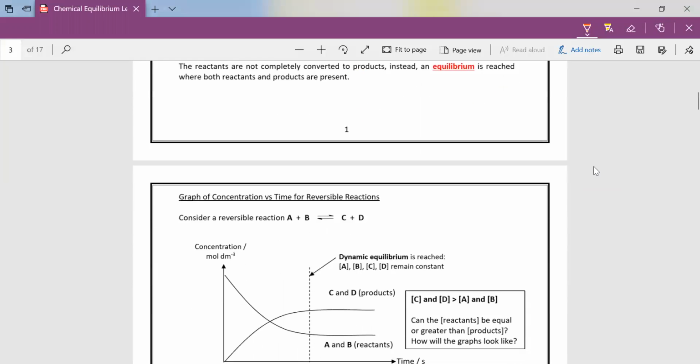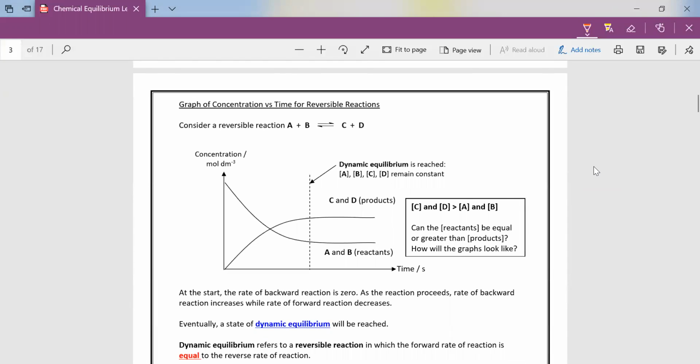Let's look at a graph of concentration versus time, like what we did earlier. You notice that after a while of reaction, your reactant does not go to 0. They reach a plateau where they will have the same concentration for the rest of the reaction.